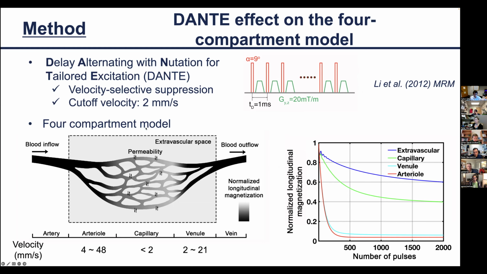In the human brain, if we break it into compartments, large vessels, arteries, veins, small vessels, arterioles, venules, they are flowing faster than 2 millimeter per second, so they will be directly suppressed. In capillaries, blood flow is very slow, slower than 2 millimeter per second, so it will not be directly suppressed.